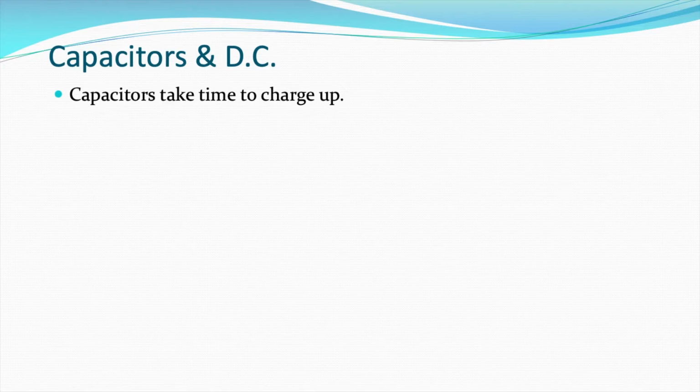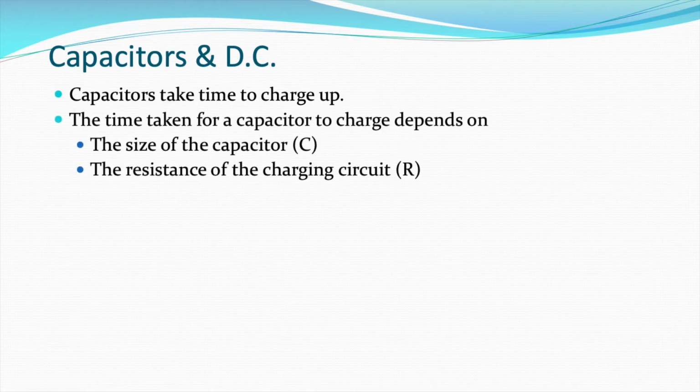Now, capacitors take time to charge up, and the time that they take to charge up depends on the size of the capacitor and the resistance of the charging circuit. If you want to think about it a wee bit like a tap and a jug, the amount of time it takes for a jug of water to fill up depends on the size of the jug and the speed of the water that's flowing out of the tap.